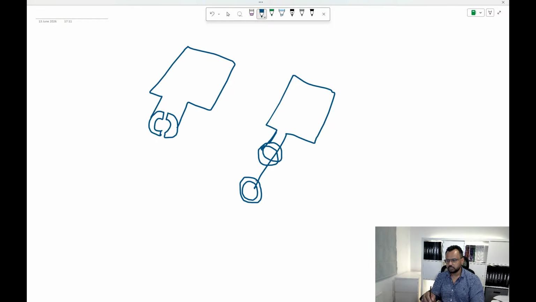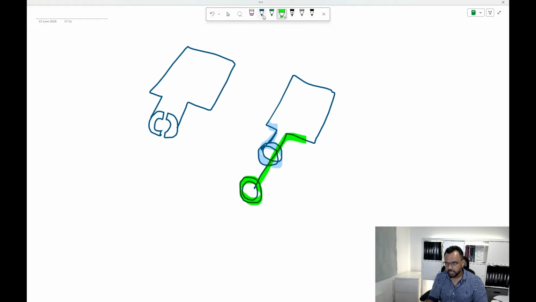This ring is always in contact with this wire. This ring is always in contact with this wire. So it slips on it, hence the word slip ring.